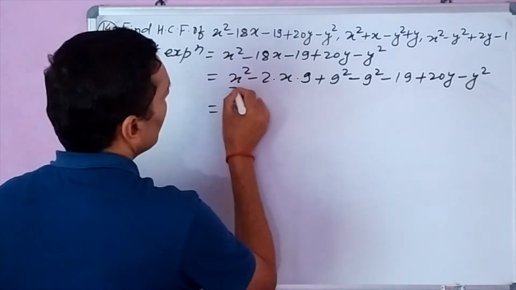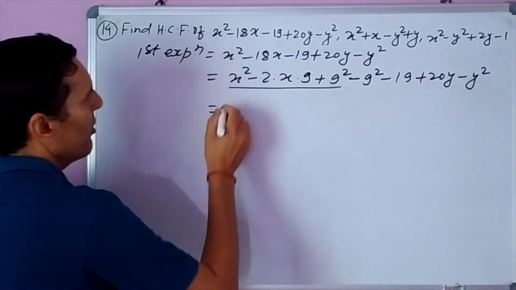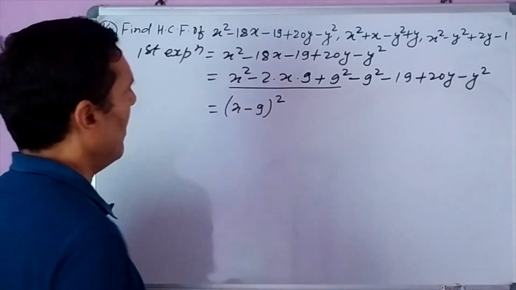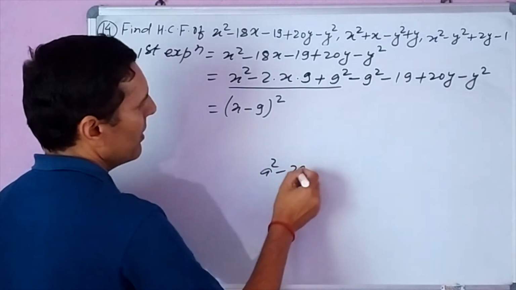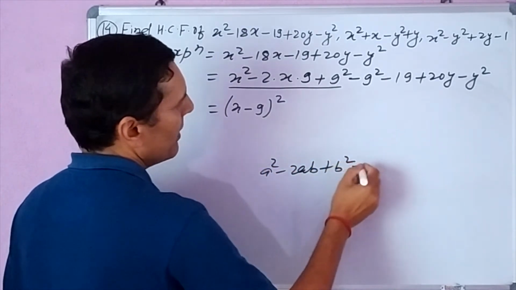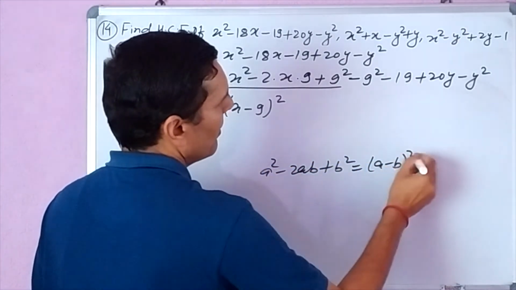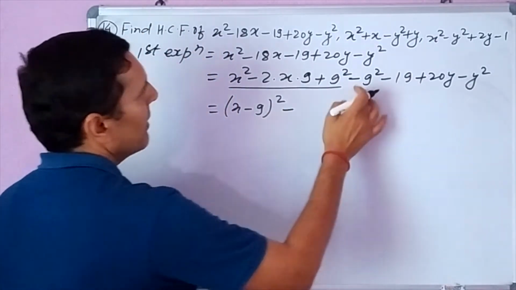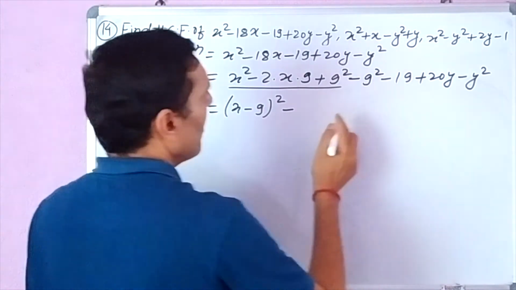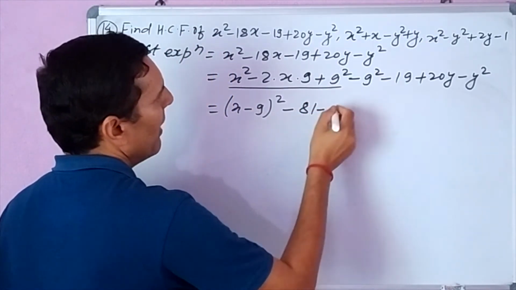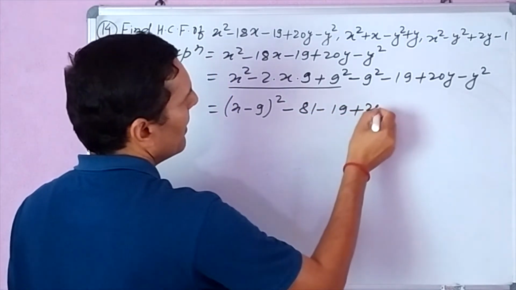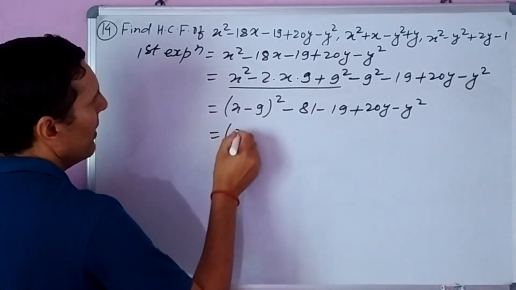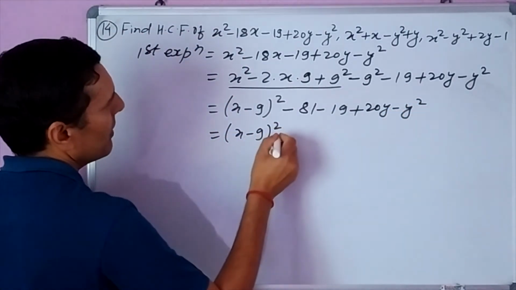Now look here, a square minus 2ab plus b square. Up to here we can write x minus 9 whole square, a minus b whole square. And this 9 square is 81, minus 19 plus 20y minus y square as it is. So it is x minus 9 whole square.